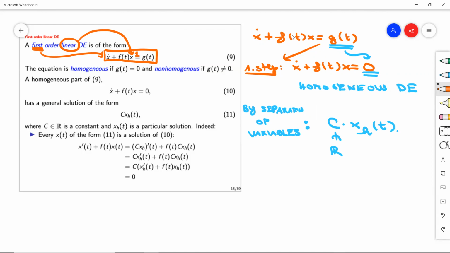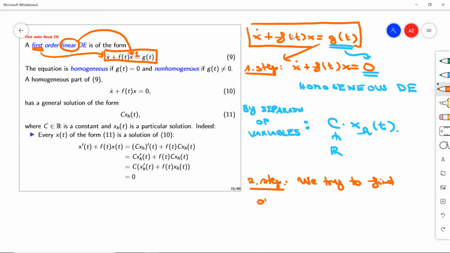Then in the second step, we have to find one specific solution of the initial DE.